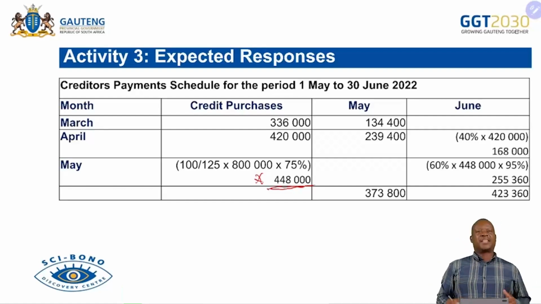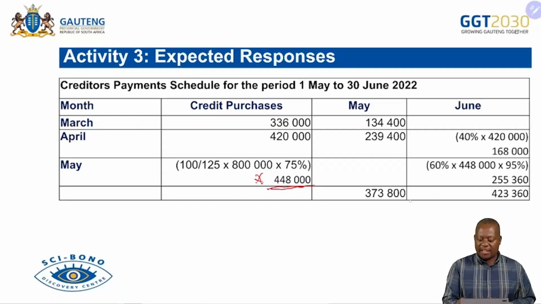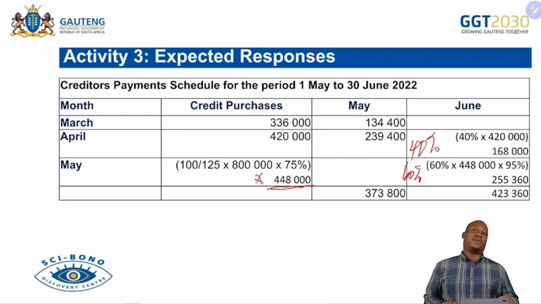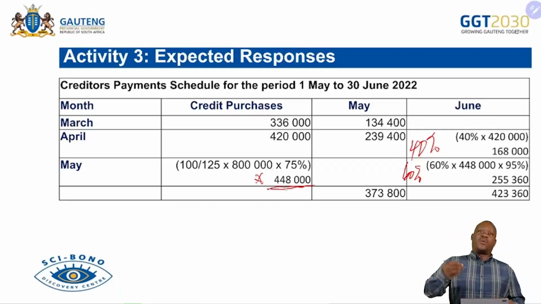Now, the next thing that happens is we are going now to make a calculation to check how much is being collected. Remember what we said, 60% is being collected here, and then the 40% is being collected here. 60% of 448,000. And then we multiply by 95%. Why?